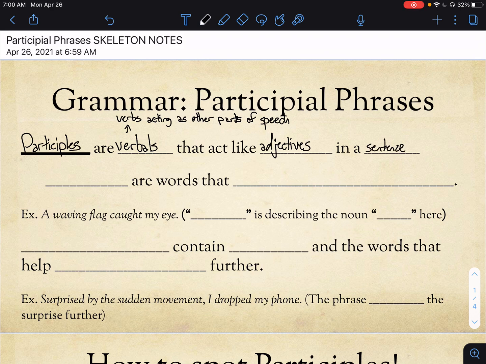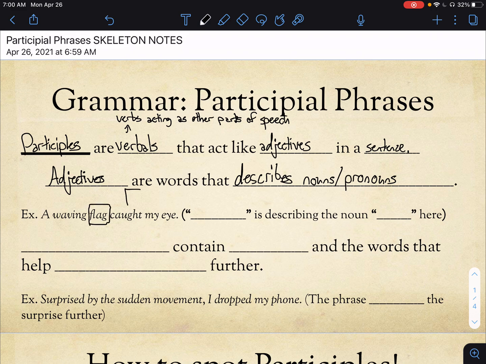And what I mean by that is, when we talk about adjectives, remember, adjectives are words that describe nouns or pronouns. So those are the words that tell us more about nouns or pronouns. So for example, in our example here, we have the noun flag.